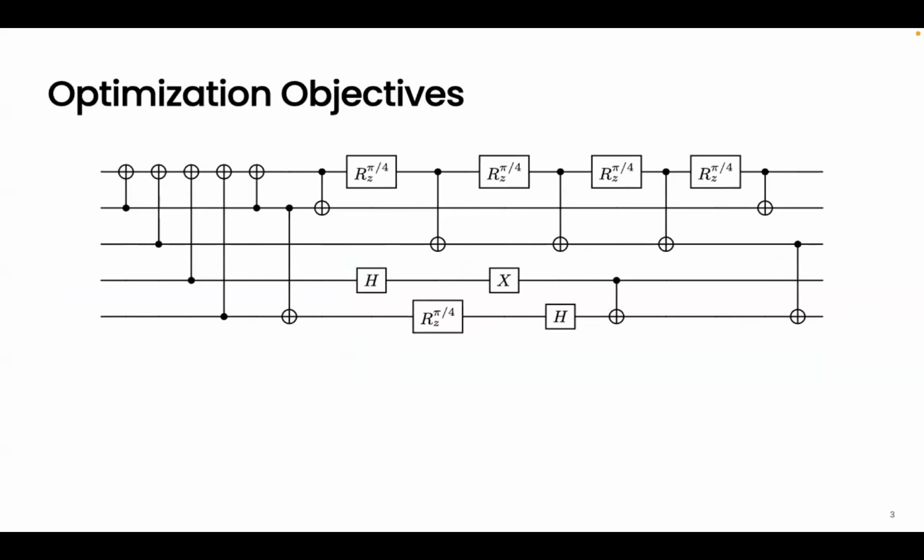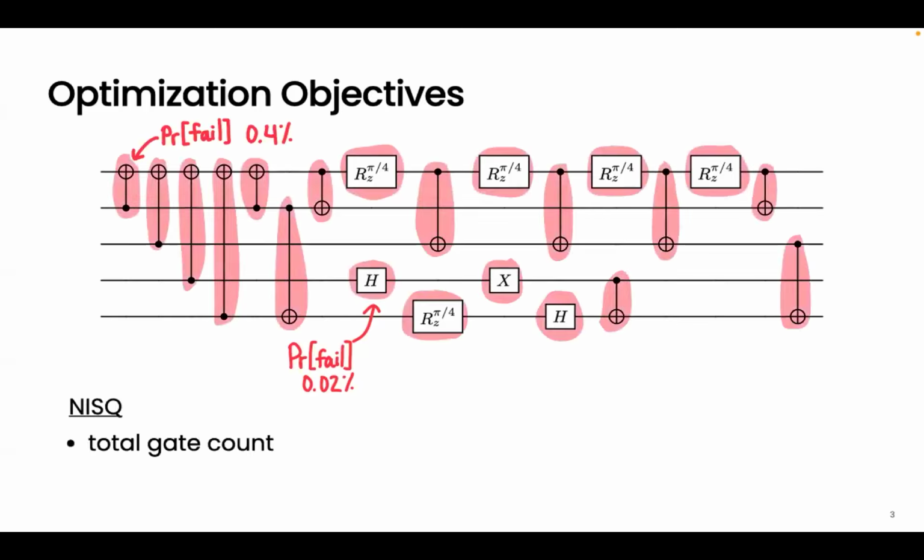And so some objectives that you might have when optimizing a quantum circuit, like Abtin mentioned briefly, is just to reduce the gate count, because each of these gates is going to have some probability of failure. When you have enough of them, you're going to build up so much noise that when you measure your qubits, it's indistinguishable from random noise.